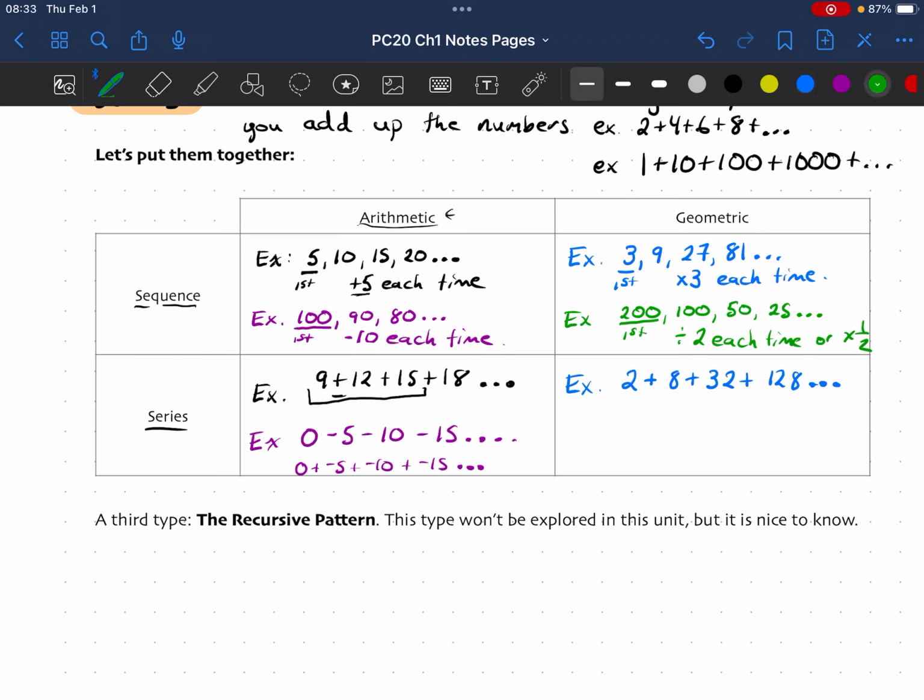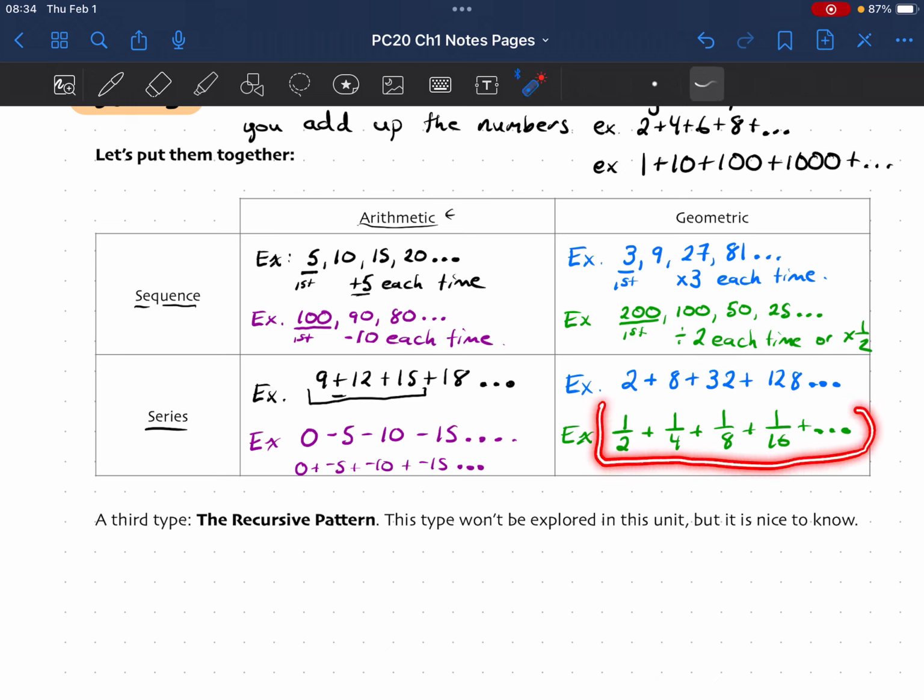And now here's a really interesting one that is very famous. It is 1/2 plus 1/4 plus 1/8 plus 1/16 plus ... This one is very famous, and this one is interesting.